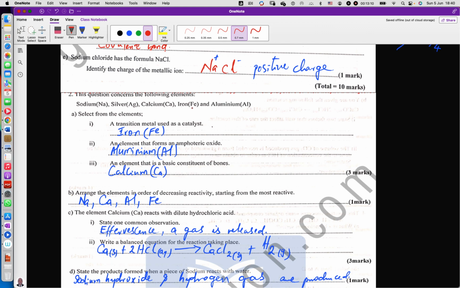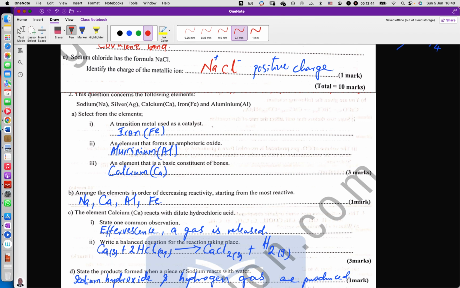Finely divided iron is often used as a catalyst in the industrial production of ammonia. So iron is a transition metal, and that's why iron is used as a catalyst.